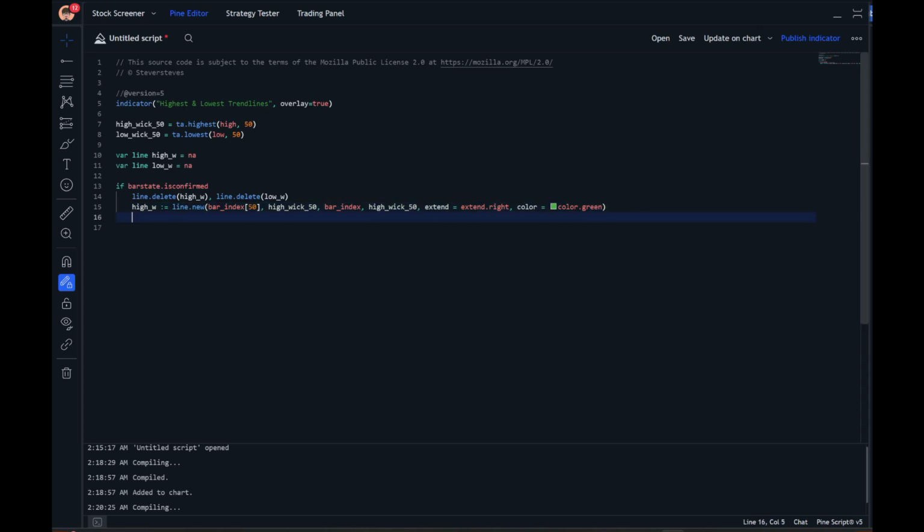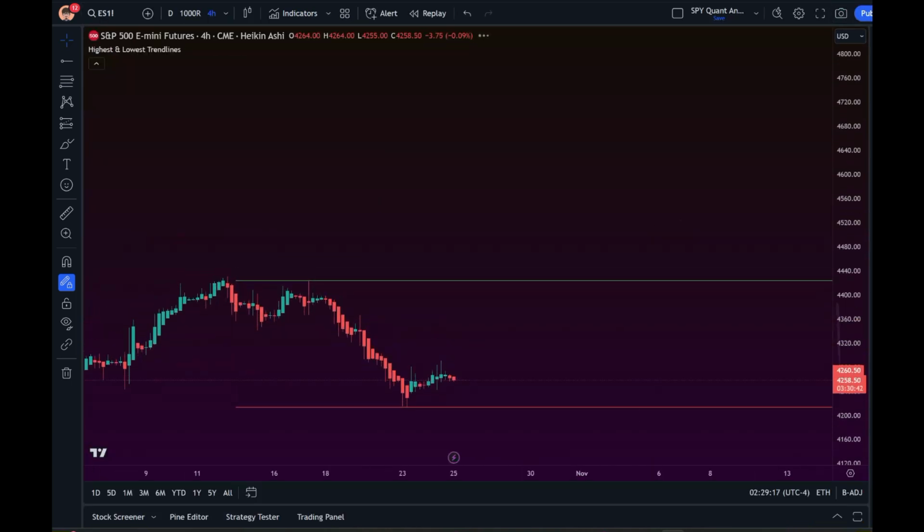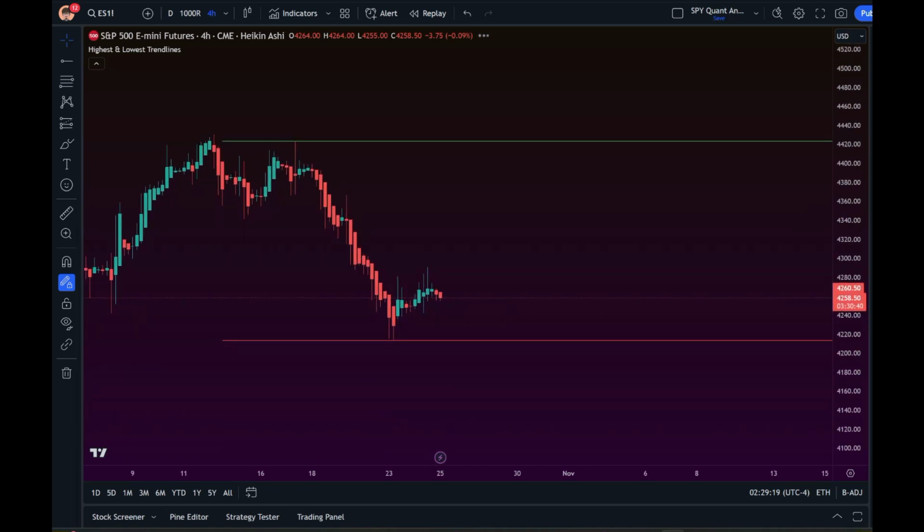Now what we can do is we can just copy and paste this below and call it low wick, and just change these values to the low variable. And we can change the color to red. So let's see how that looks. All right, so here is what our lines look like.